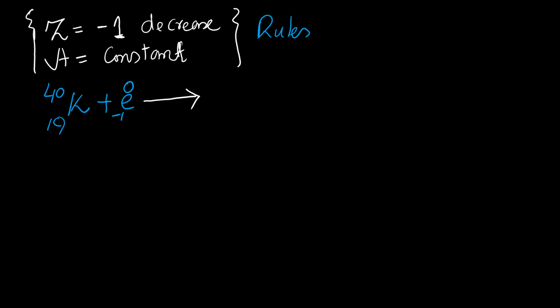According to the rule for electron capture, the atomic number decreases by 1, so the new nuclei will have atomic number 18, whereas the atomic weight of the new atom remains the same, 40. So we need to check the periodic table for the element with atomic number 18. If we check, we find that it is argon, with mass number 40, and in this process gamma radiation will be released.